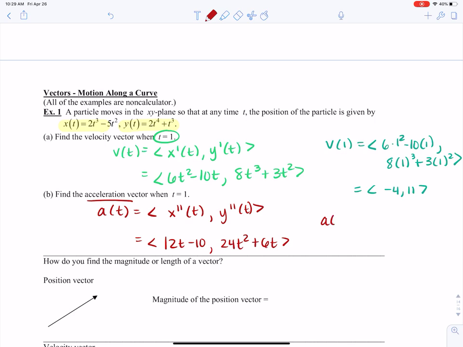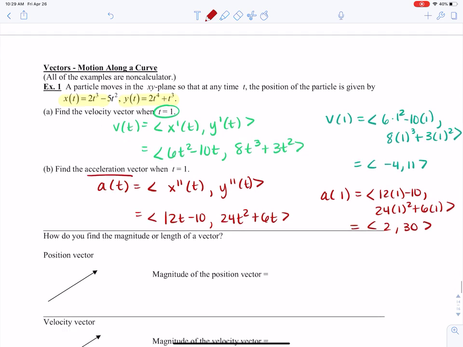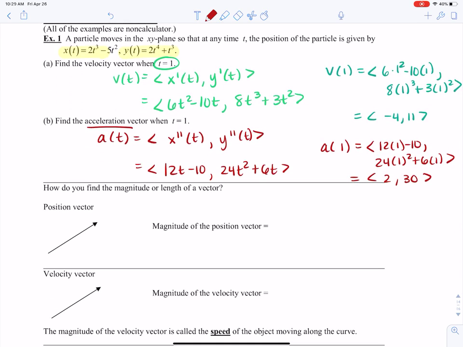And if I find the acceleration vector at 1 and plug in 1, 12 times 1 minus 10, comma, 24 times 1 squared plus 6 times 1, I should get 2, comma 30. And so that is the acceleration vector for my particle.